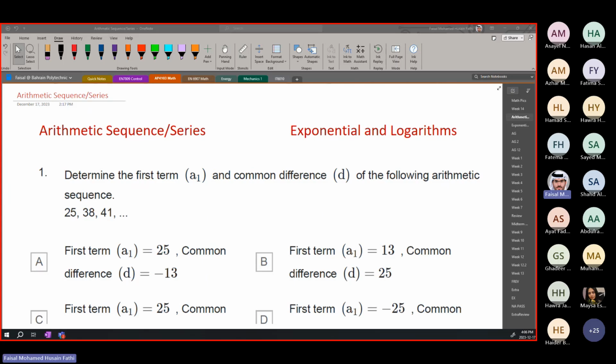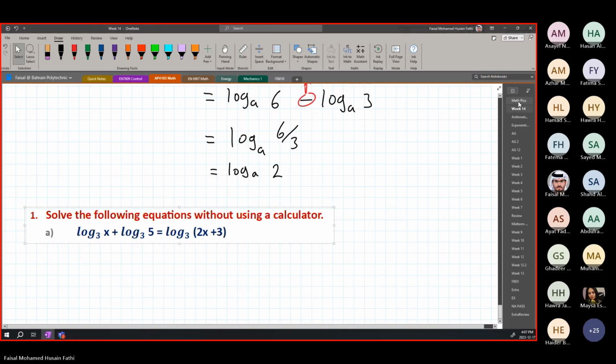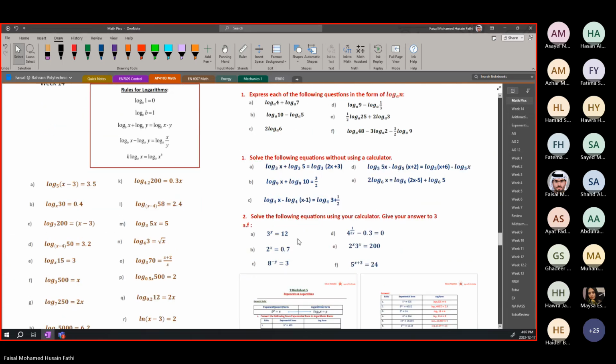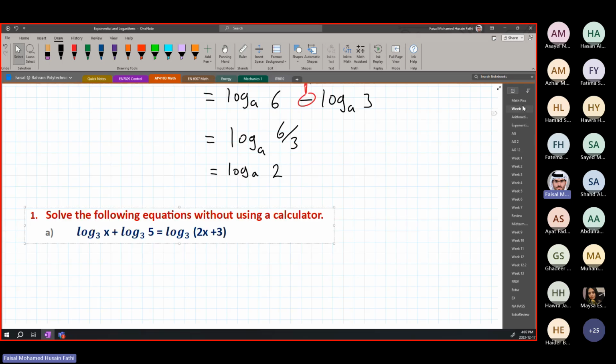Teacher worksheet 2C. Yeah, I found it. This one. Let's solve this one before I move on.